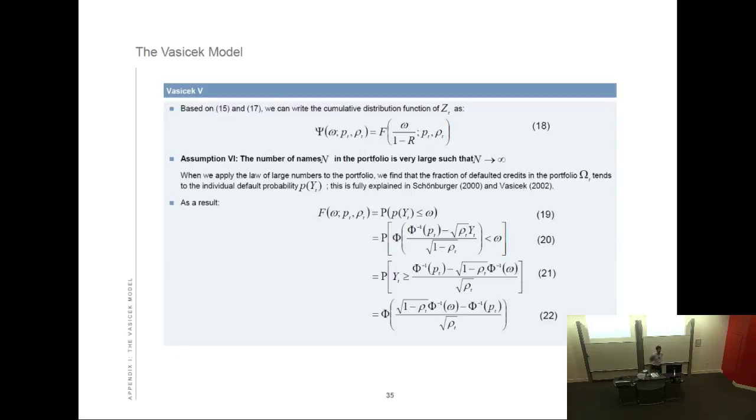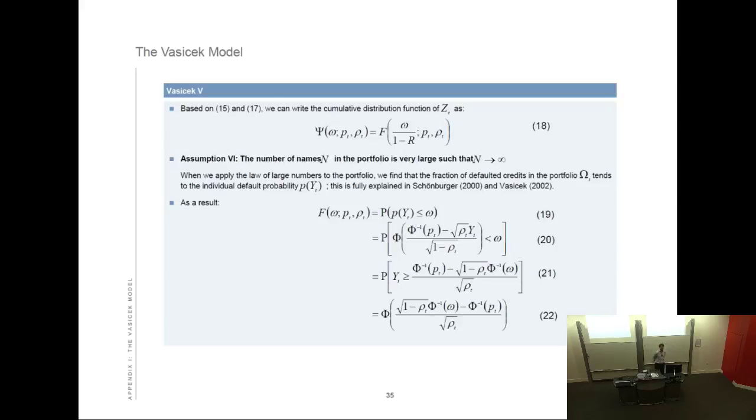Now, you can convince yourself that when your portfolio is very large, the proportion of names that are defaulted at any point in time in your portfolio should just be the individual default probability given the market factor y at that time. I'm referencing Schönbucher and Vasicek, who go through the exact details of proving that.